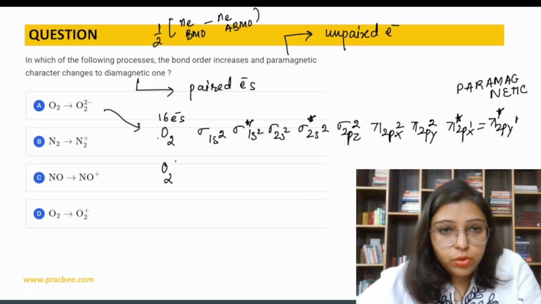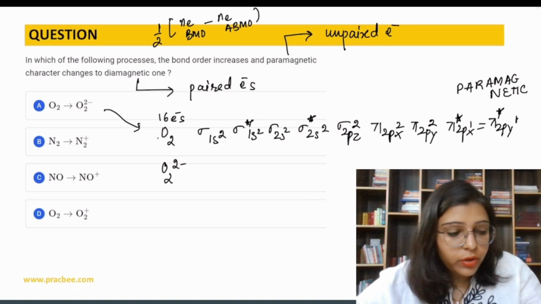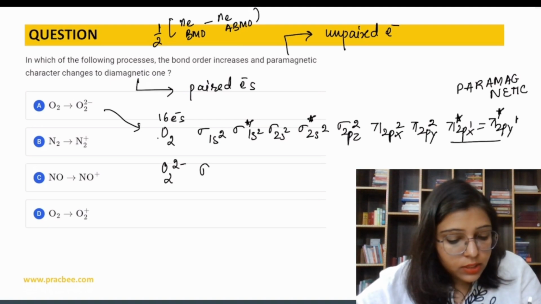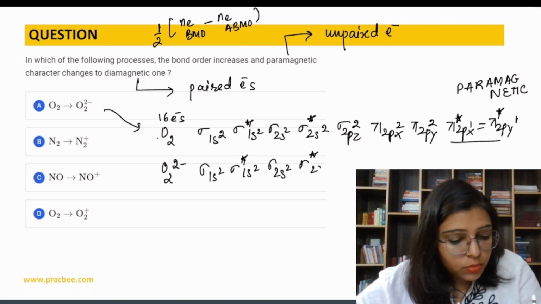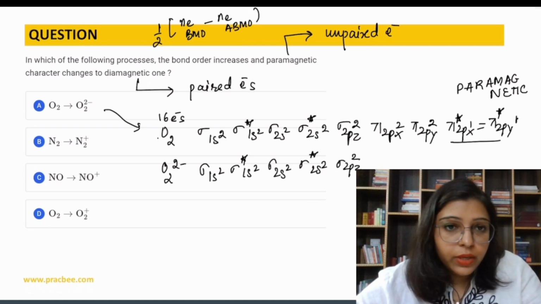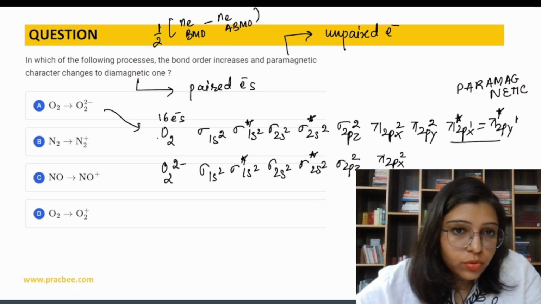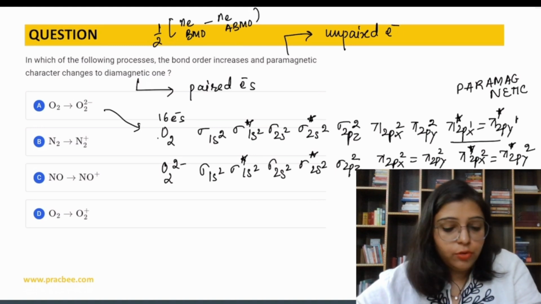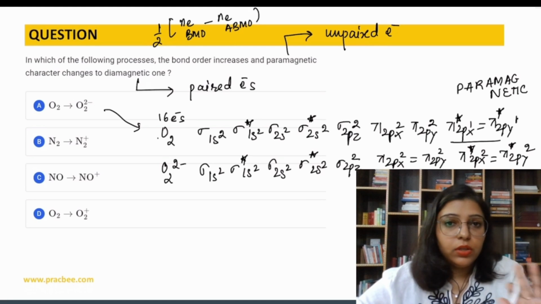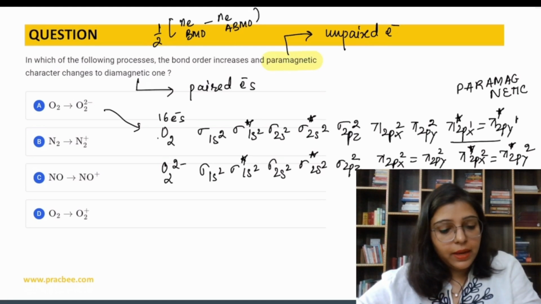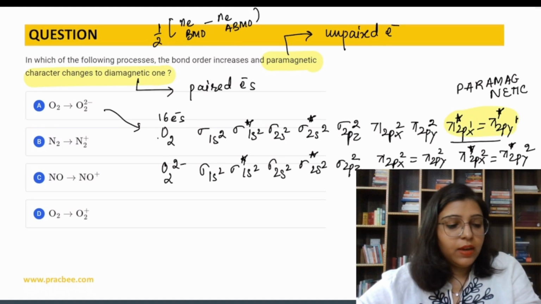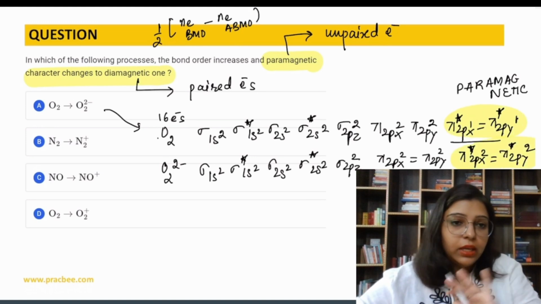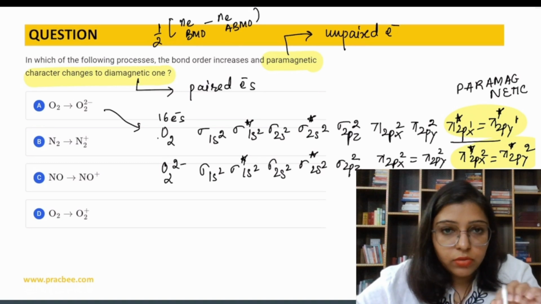Now, if I write O2 2 minus, we are going to fill electrons like this: sigma 1s2, sigma star 1s2, sigma 2s2, sigma star 2s2, sigma 2pz2, pi 2px2, pi 2py2, and then pi star 2px2 and pi star 2py2, because we have to add 2 extra electrons. So one thing is clear: the paramagnetic character changes to diamagnetic, because here we have unpaired electrons and here we do not have any unpaired electron. Now we have to find out the bond order.